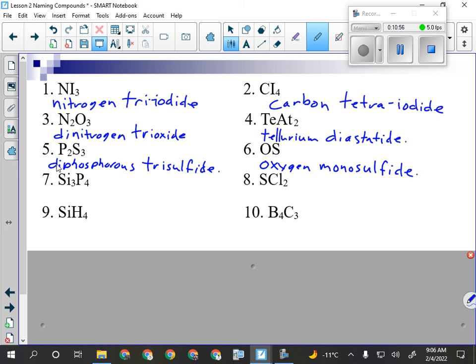And then for number 7, what's Si? Silicon. And what prefix am I putting on it? Tri. And then we're going to have tetra in front of phosphorus.